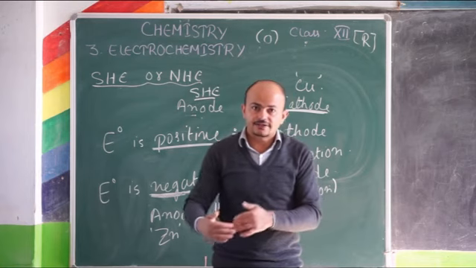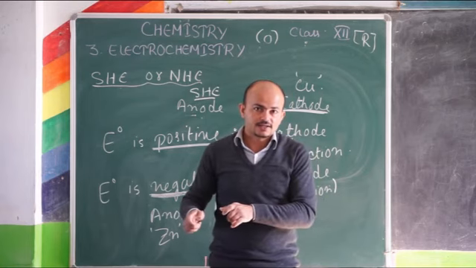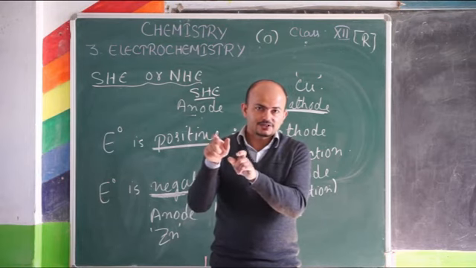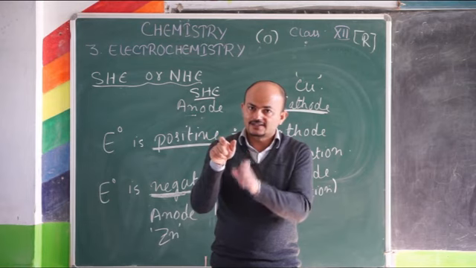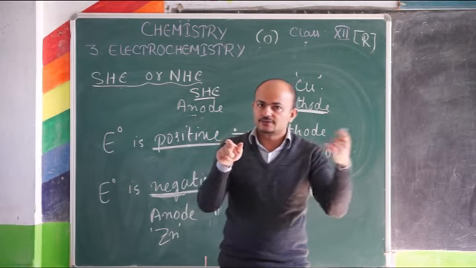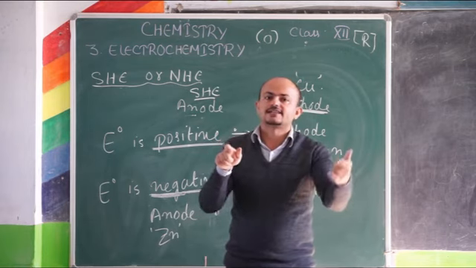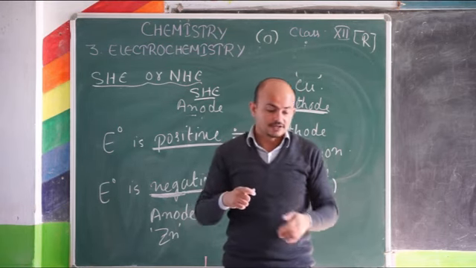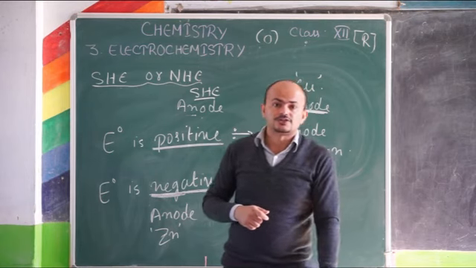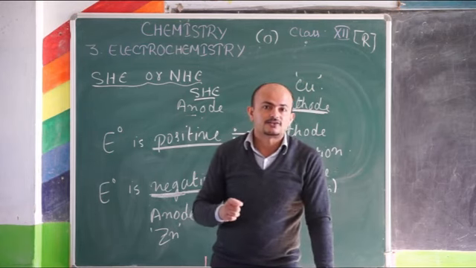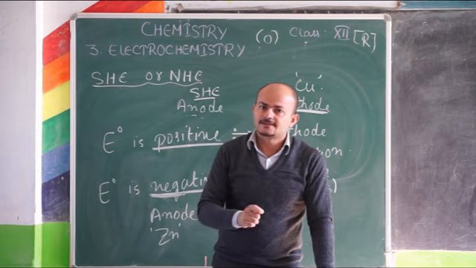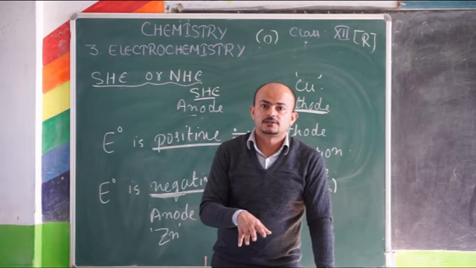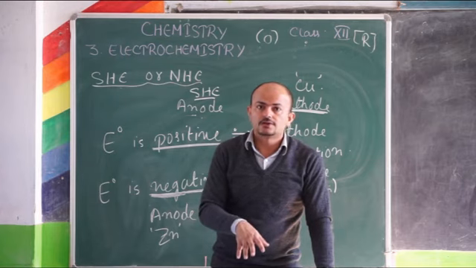These are all half cell reactions and their potentials are given. From the standard reduction potential value, you now know the lesser the value, the more willing they are to give up the electron, so they will act as anode. The other one, which has the higher value of standard reduction potential, will act as cathode. If you remember this, you will be able to solve most of the problems.